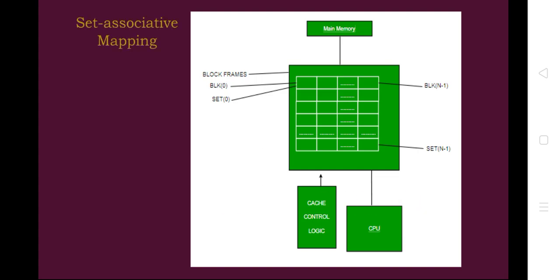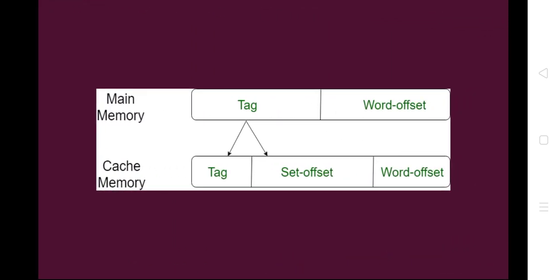So these are the three different techniques by which the cache is mapped. Mapping is nothing but converting or translating the address from one form to another, here from the main memory form to the CPU form, through the cache memory. Here, the main memory contains tag and word offset, while cache memory contains tag, set offset, and word offset.